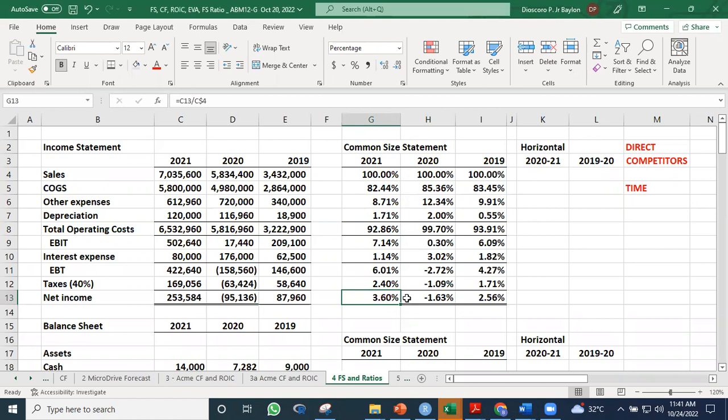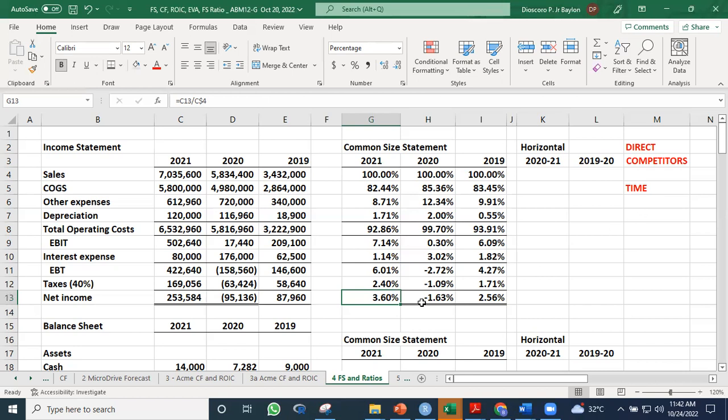Kasi a company, unless na monopoly yung company, if the company is a monopoly, which means wala siyang direct competitors, then ang benchmark na lang natin will be over time.